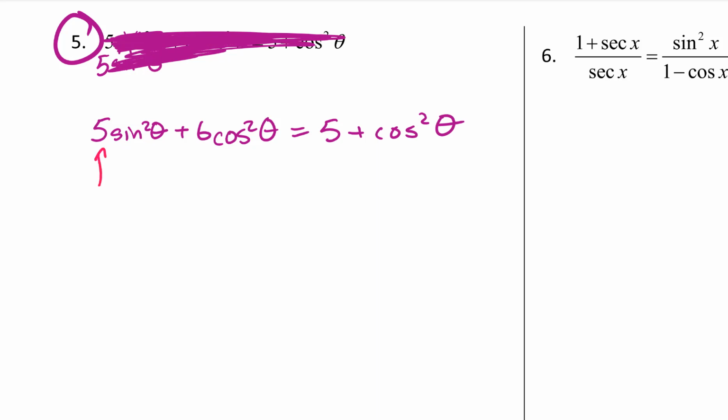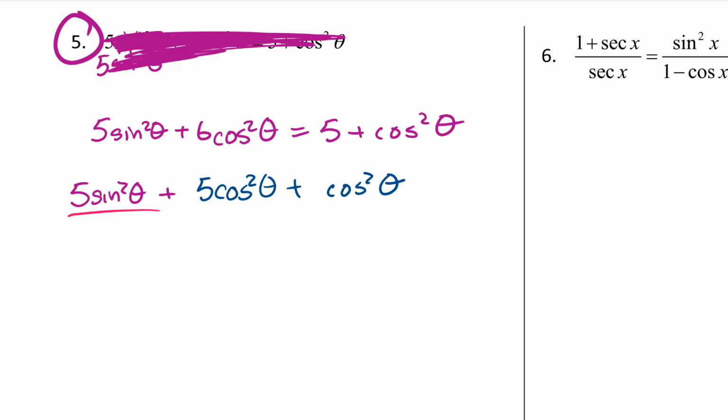So we have 5 sine squareds and we have 6 cosine squareds. Well, isn't 5 plus 1 equal to 6? Well, let's take that 6 cosine squared. Now, isn't it true that it'd be 5 cosine squareds plus 1 of those cosine squareds? Wouldn't that be the same thing as 6 of those cosine squareds? Alright, cool.